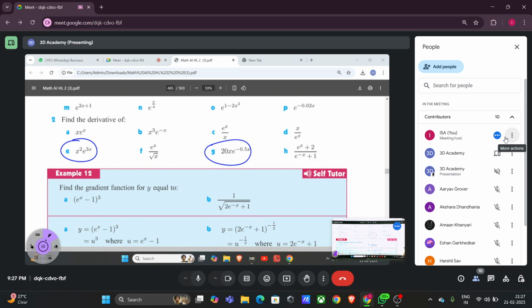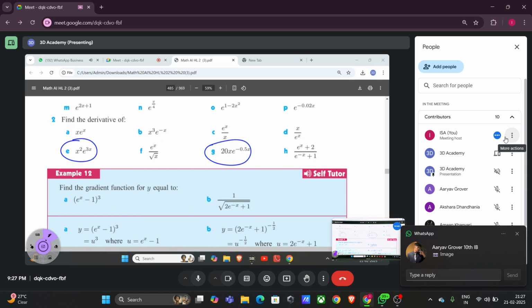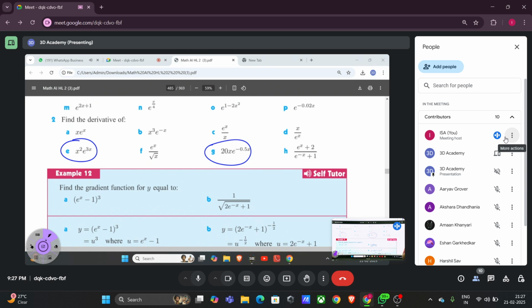Ishan Garkhedkar, for E question, differentiation of V is wrong. And same to same for G. Acha. Okay. You are right, Aryav Grover. Trisha, Akshara, Smera. Very good Akshara, you are following a good format. Keep it up. ऐसे ही करना है, ऐसे ही सही आंसर्स मिलेंगे.